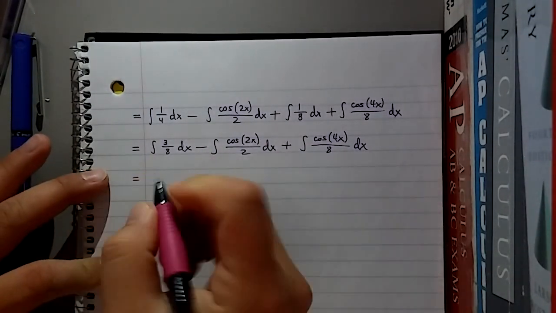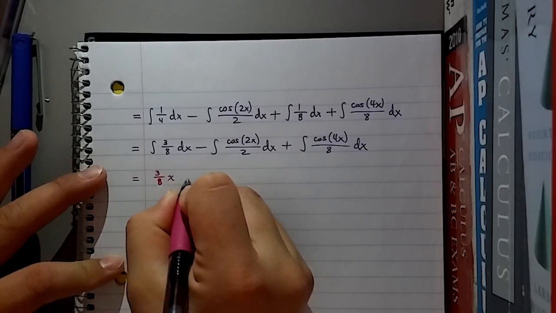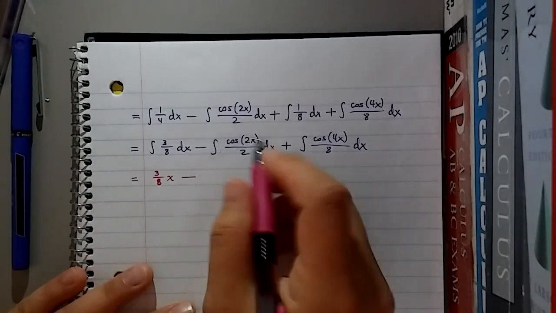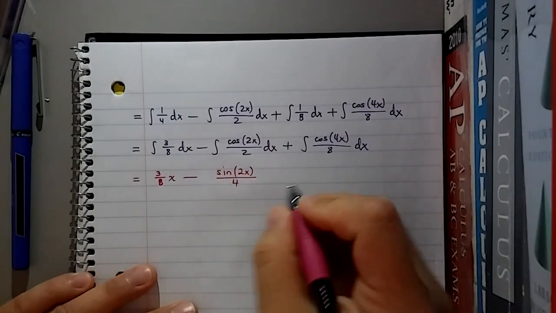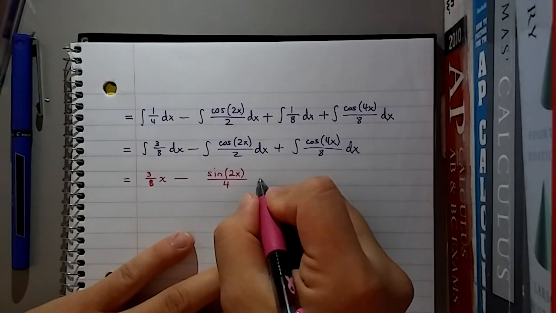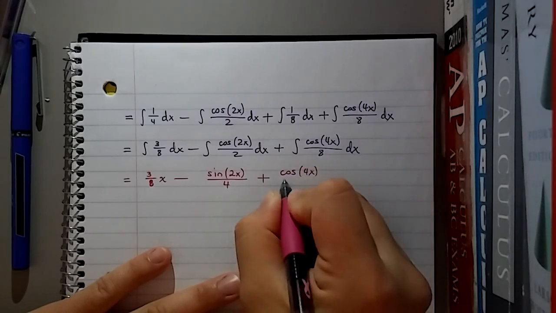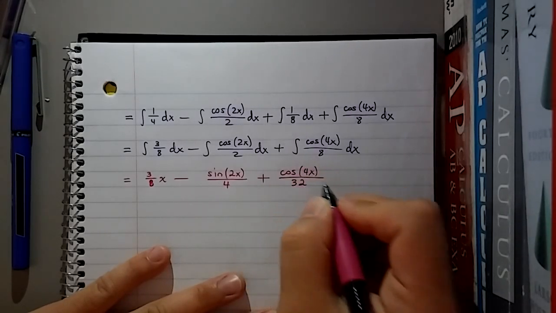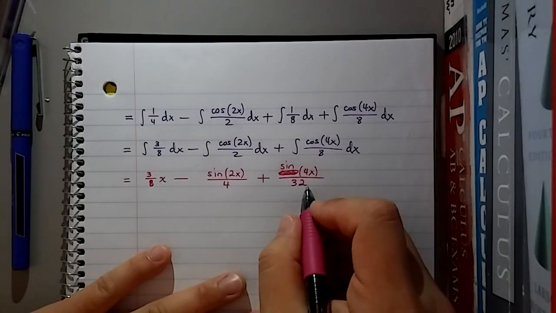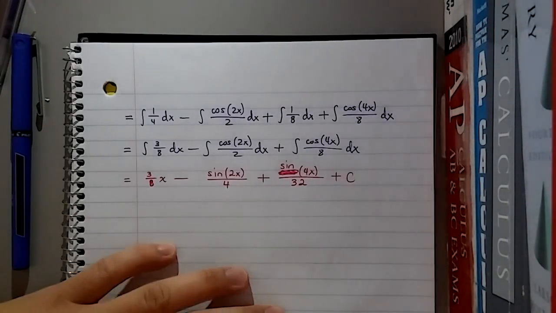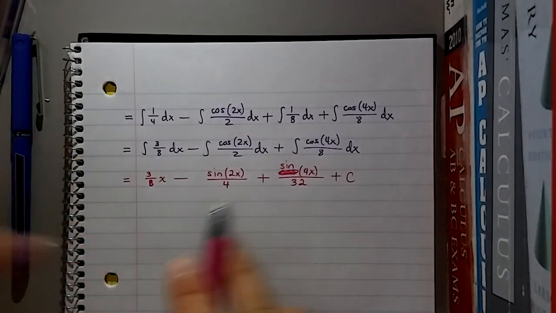So our final answer is simply going to be, I hope I'm getting the correct answer, 3 over 8 x minus, this one would be sine 2x over 4, and that one would be plus sine 4x over 32, plus c. Oh, I don't have an answer key. Well, okay, I'm pretty sure that's right though.